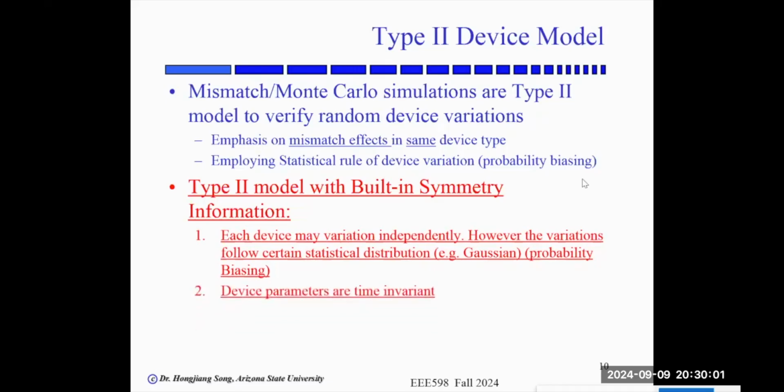Second one, the device parameter we assume in this modeling is time invariant. Okay. And also the same temperature and the same VCC for all the devices. By doing this, we can significantly cut down the simulation solution space for the validation to the order of maybe a few hundred to 1,000.